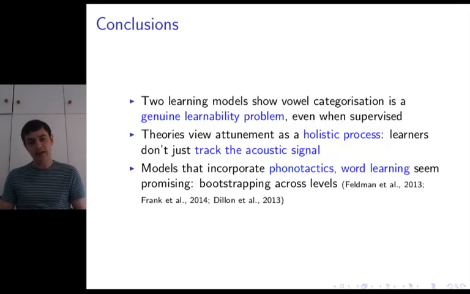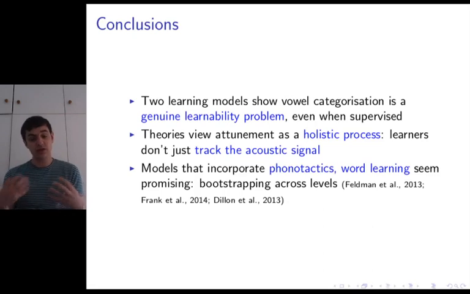And finally, a main point that I want to make here is that vowel categorization in infancy, one of the earliest processes that learners go through, is a genuine learnability problem. From a theory's view, what I will say is that it is not the case that statistical learning is the only mechanism that learners can use.